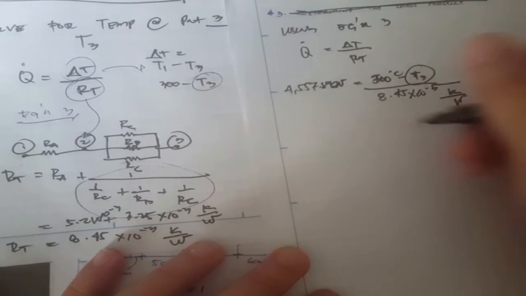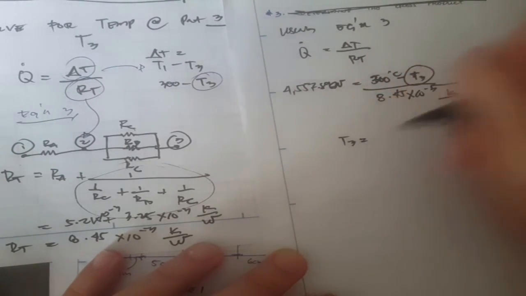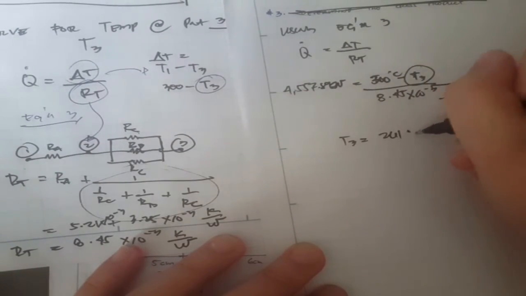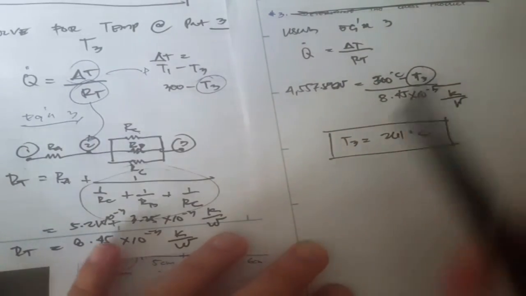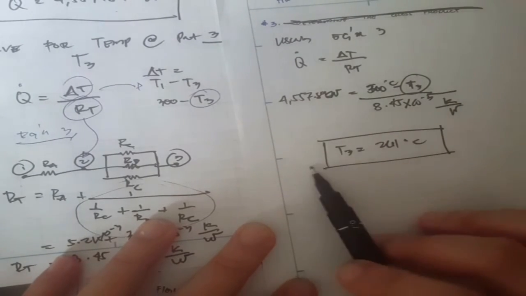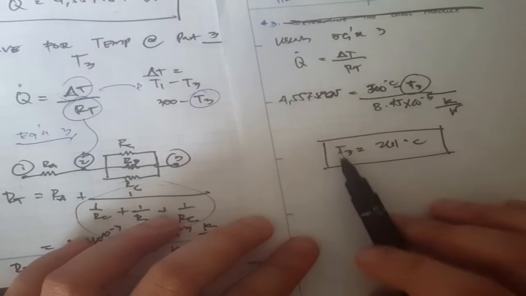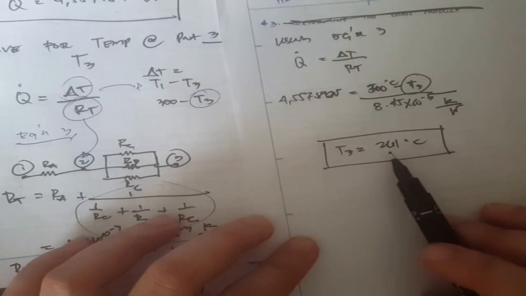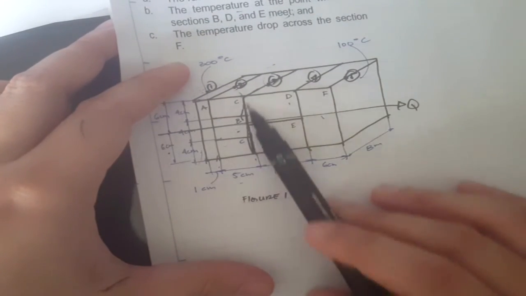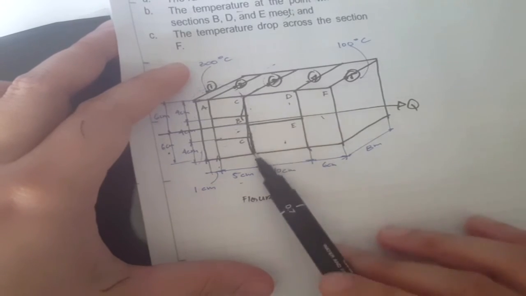Using algebra, the value of our T3 is now equal to 261 degrees C. Manipulating this equation to find the value of our T3, we get 261 degrees C. That is the temperature on this side, at this point.